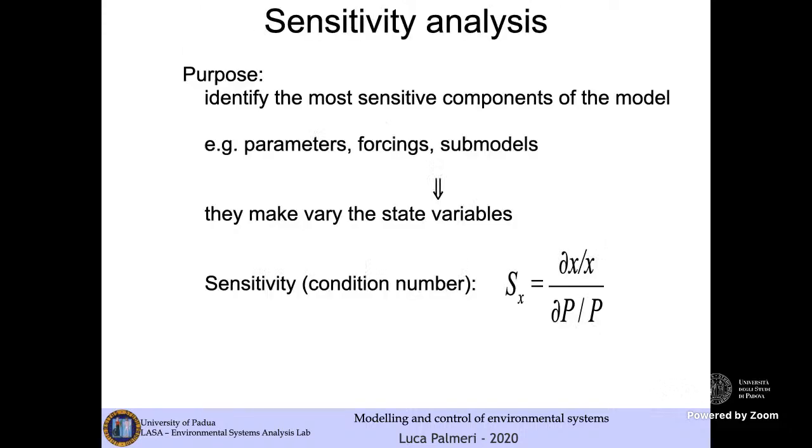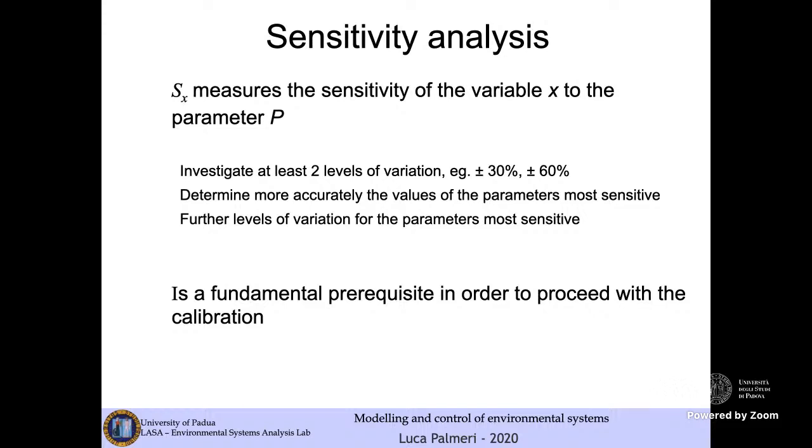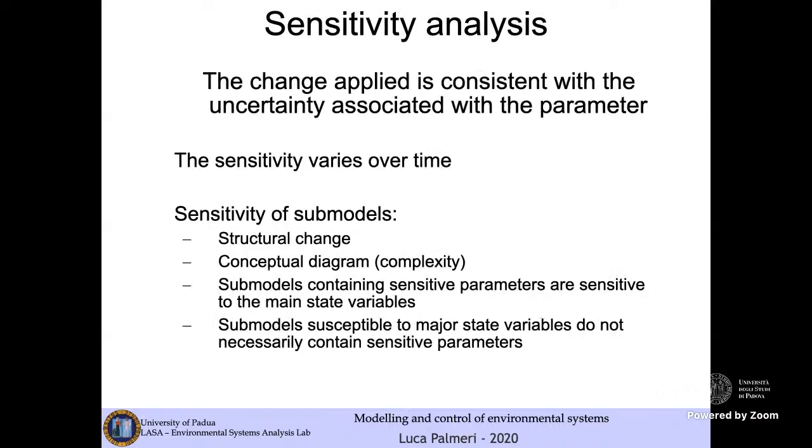Then you end up with a formulation of a model, and then you start trying to analyze and study the behavior of the model in terms of sensitivity analysis. The change applied to the parameter shall be consistent with the uncertainty associated with the parameter.